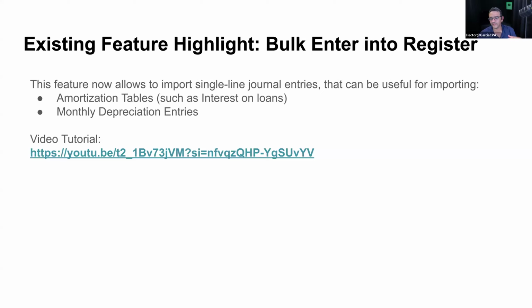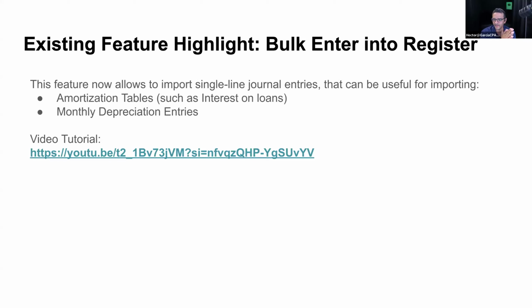Check that out, because if you want to import depreciation tables, amortization tables, or a whole bunch of adjustments into any balance sheet accounts, like depreciation and loan balances, and you already have that data in a spreadsheet, you can go into the register and import all those adjustments into the balance sheet account for multiple transactions, even in the future, using this feature. If anything I said resonated, go check out the video.